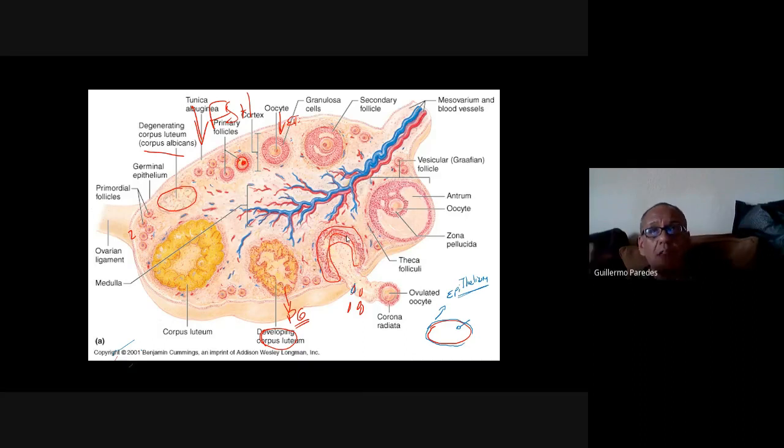So the peritoneum, coming like a curtain from the abdominal cavity, is going to cover the uterus, fallopian tube, and the ovaries. And when the ovum is being released, there are going to be some drops of blood. This blood is going to touch the peritoneum that is covering all these organs. This peritoneum is going to be irritated and you have pain. That is where the pain is coming from.